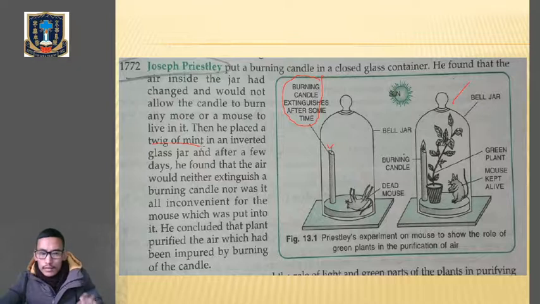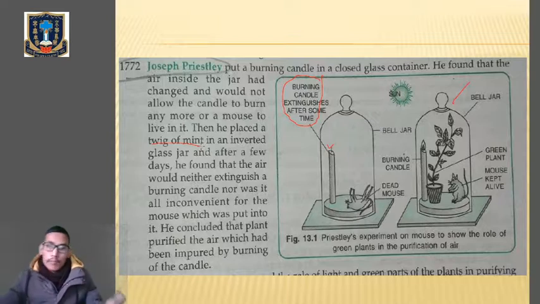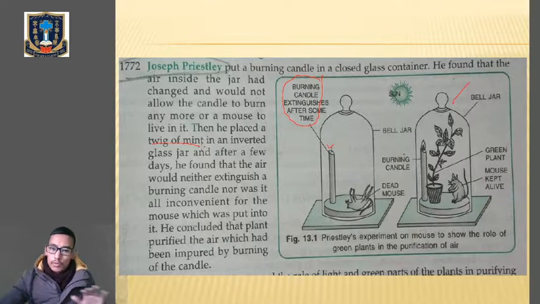That means in the second glass container, where he put the burning candle, the mouse and a twig of mint, the candle burned continuously and the mouse was alive. The mouse was not dead.